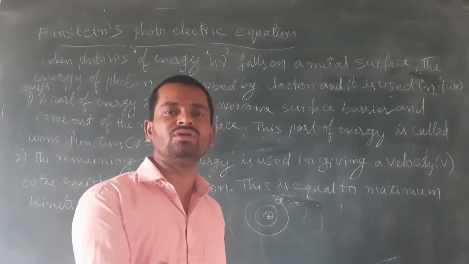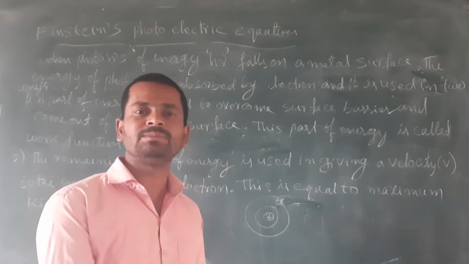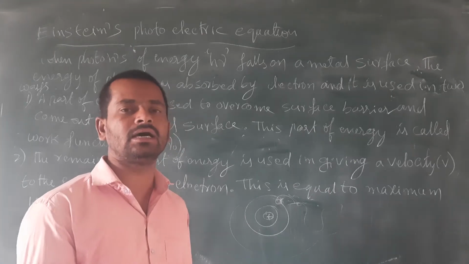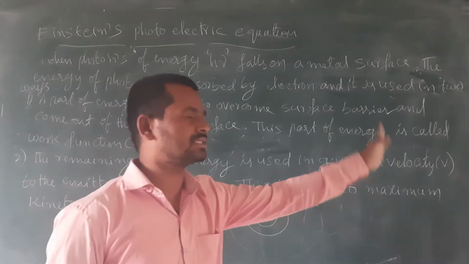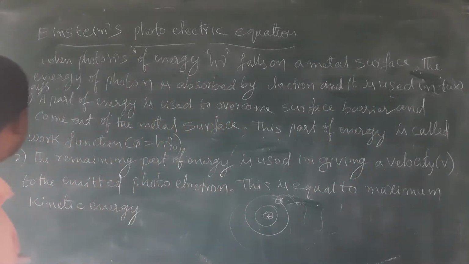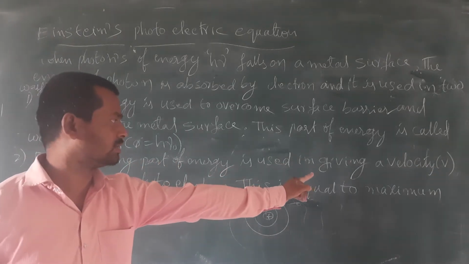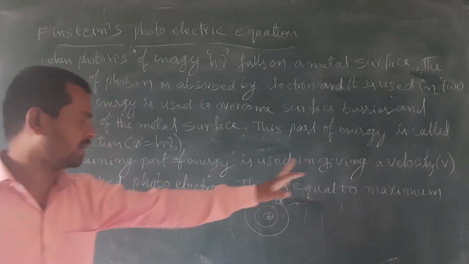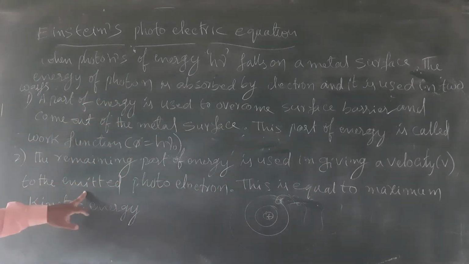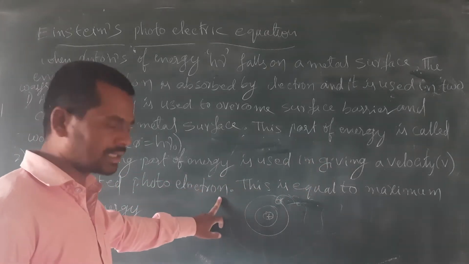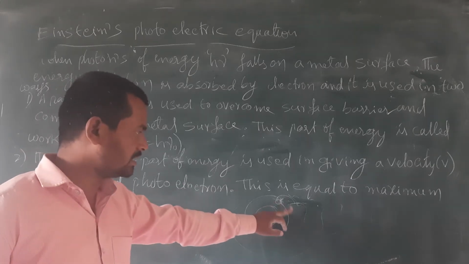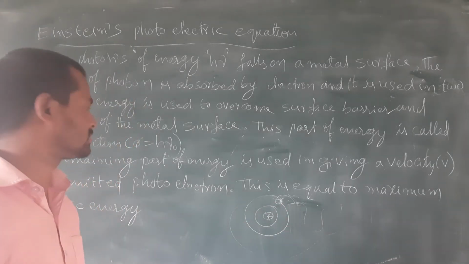If it is moving, then a moving object must have a certain velocity. The remaining part of energy is used in giving a velocity to the emitted photoelectrons. Generally, these electrons are called photoelectrons, right?